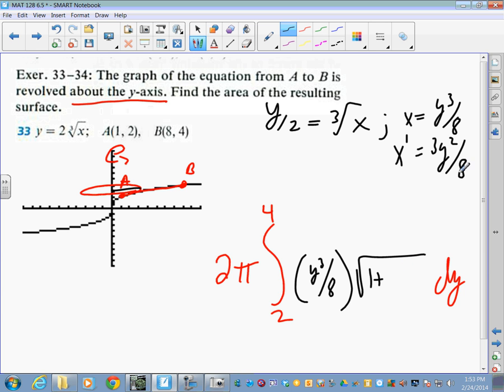How do you square that? That's pretty easy to square. 9y to the 4th over 64. You okay with that?